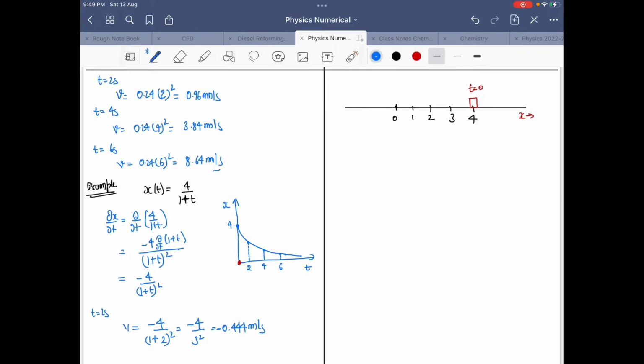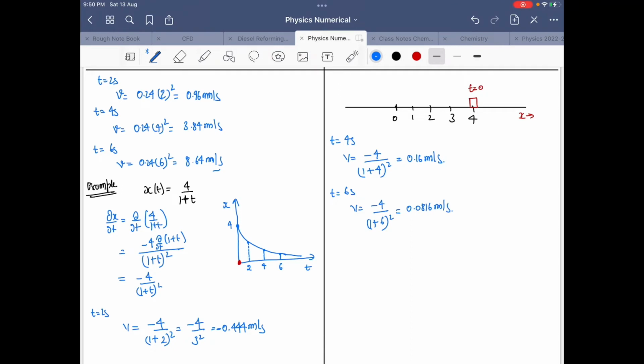Now let's find the other velocities. At time t equal to 4 seconds, velocity will be equal to minus 4 over (1 plus 4) whole square. What will this be? 0.16 meter per second. Then finally, at time equal to 6 seconds, we have a velocity of minus 4 over (1 plus 6) whole square, that is 0.0816 meter per second.